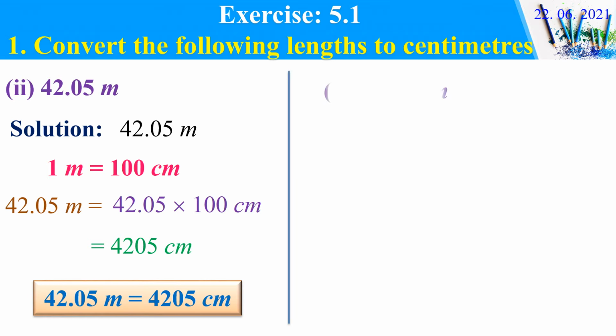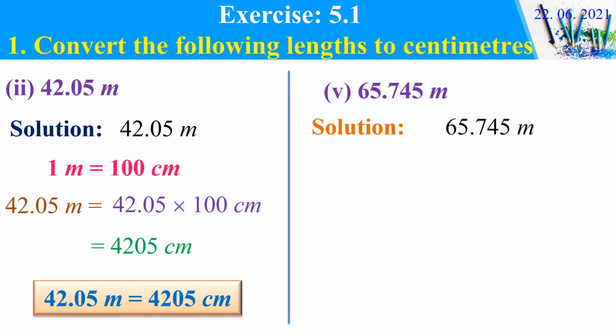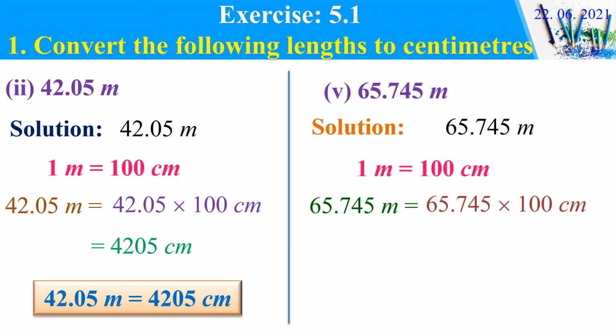Let us do another sum. Fifth one, 65.745 meter. We have to convert it into centimeters. Let us see the solution for this sum. 65.745 meter. We know that 1 meter is equal to 100 centimeter. Now we have to multiply 100 with 65.745 to convert meter to centimeter.